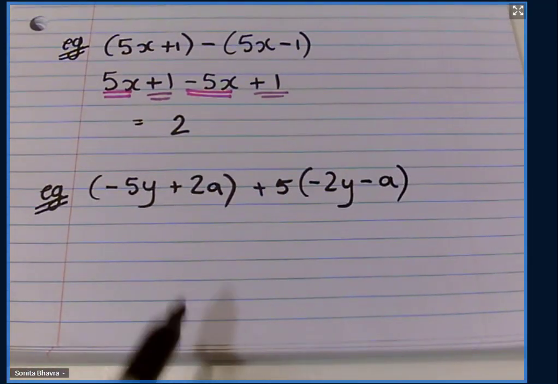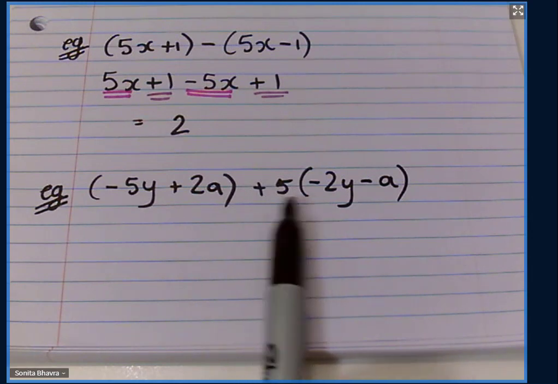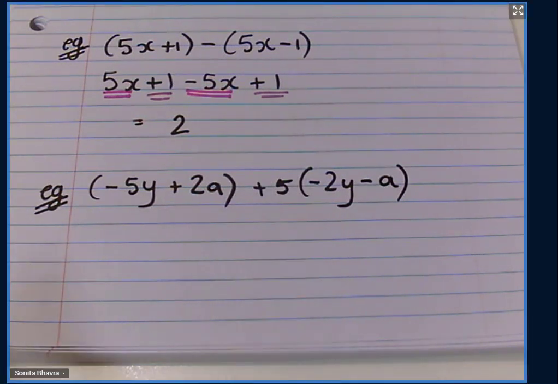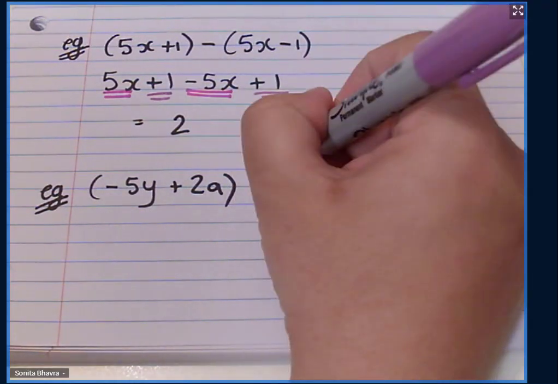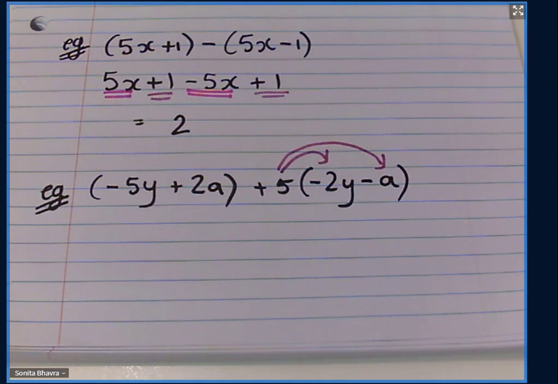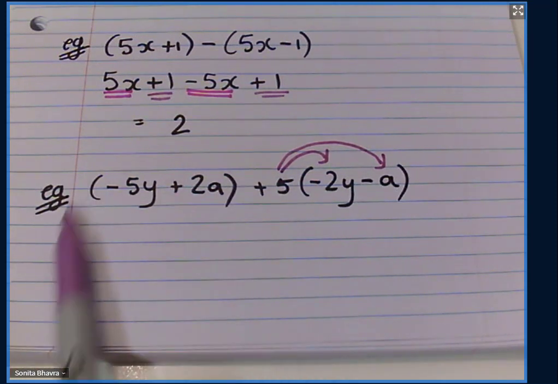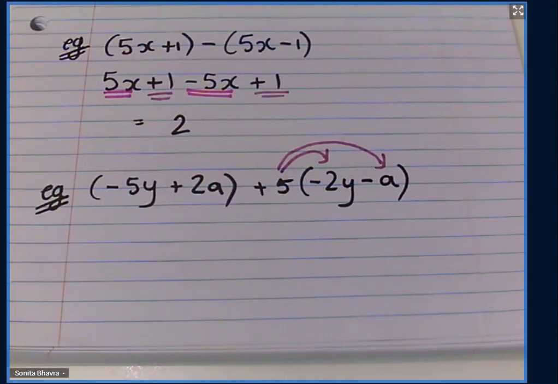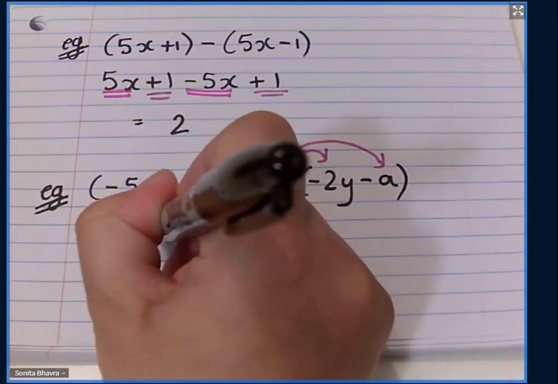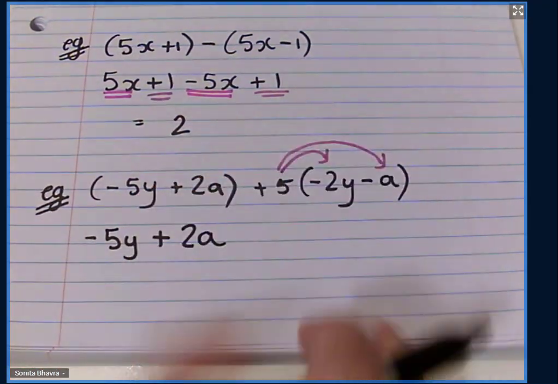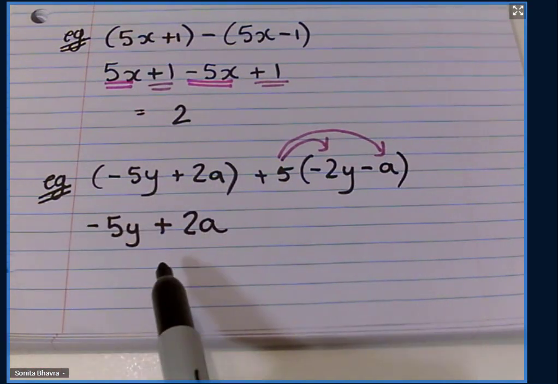All right, so the difference we're seeing here is this plus 5, and what's happening is this plus 5 is going to multiply with everything inside the bracket. First bracket, we're going to open up just like normal. So we're ending up with negative 5y plus 2a. That's the first bracket. We've just opened it up.